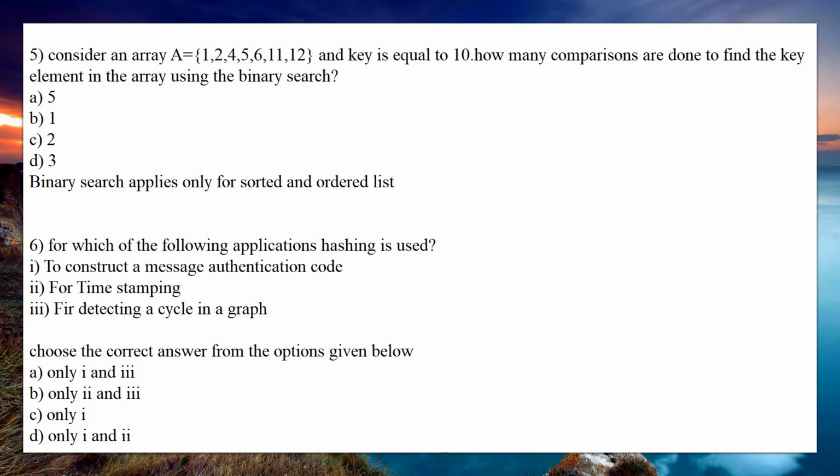So the next thing is that we know that binary search takes log n base 2 time to search for a particular element. So the binary search tree takes log n base 2 time.